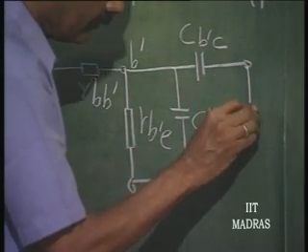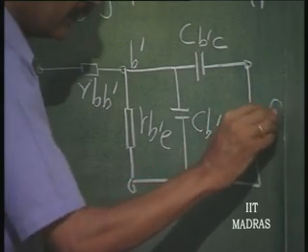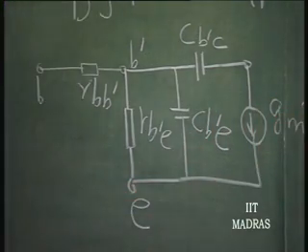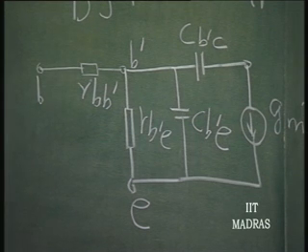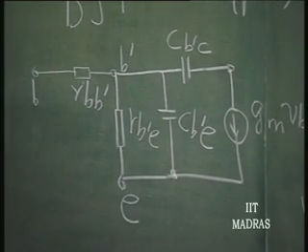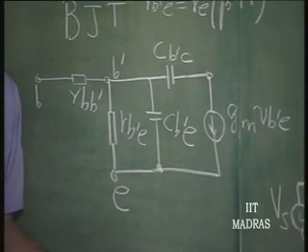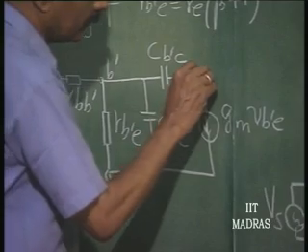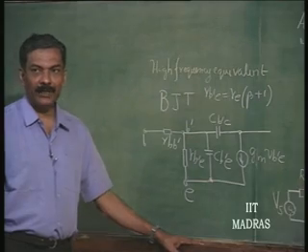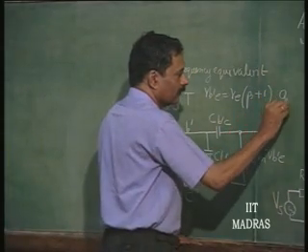Then we have our usual low frequency structure, which is GM into VB dash E. This we have earlier been calling just GM into VBE. This is the current source which we have earlier used, GM into VB dash E. Actually GM is alpha divided by RE according to us, at low frequency.